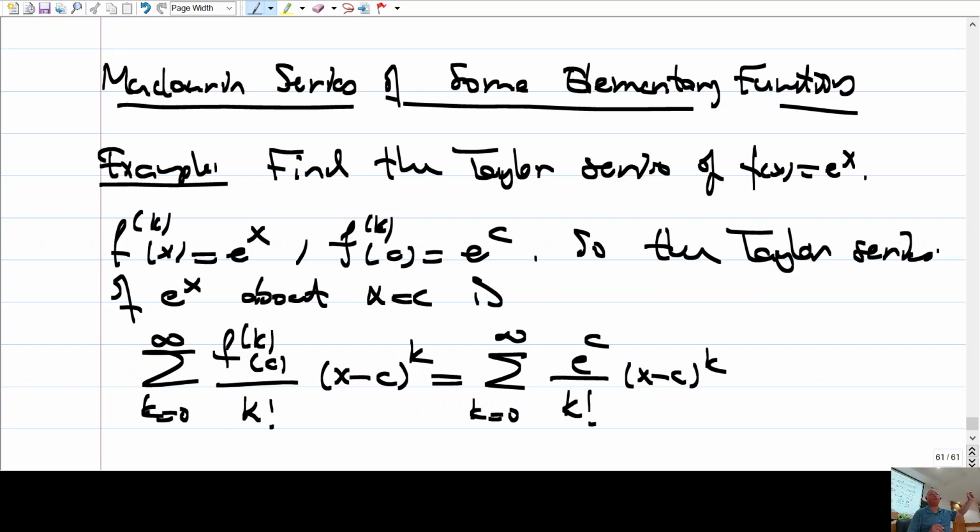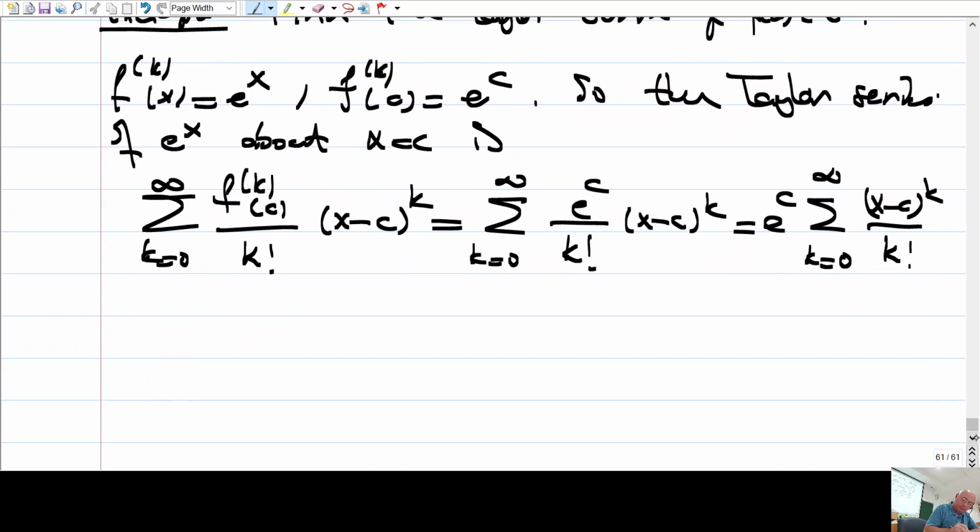It's a fixed number. I can just take it out of the summation and write x minus c to the power k divided by k factorial.